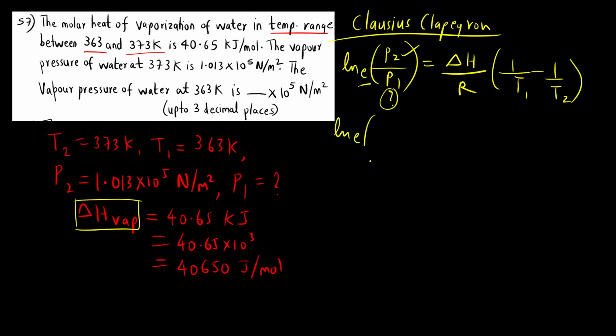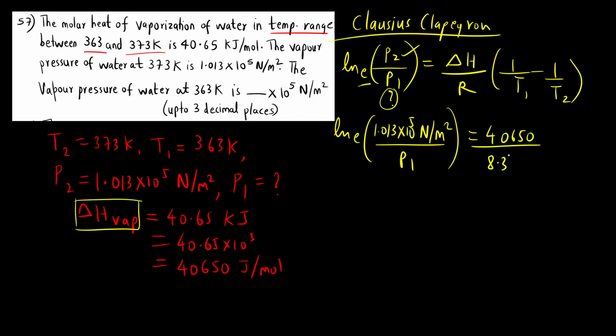So ln P2 by P1: P2 is 1.013 into 10 raised to 5 Newton per meter square divided by P1, equal to delta H 40650 divided by R, 8.314 joule per Kelvin per mole, into 1 by T1 (363) minus 1 by T2 (373).